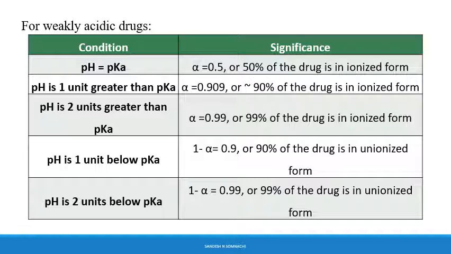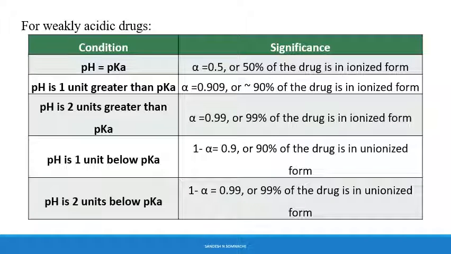As we know, only the unionized form can get absorbed. So when the pH is greater than the pK, the drug remains ionized and it creates a problem; there is a difficulty in absorption of the species.